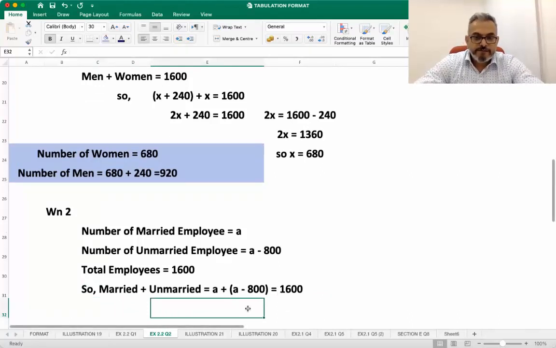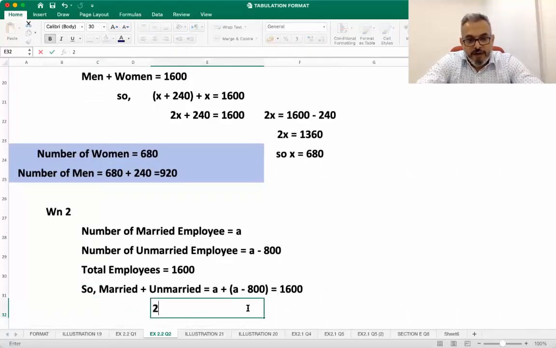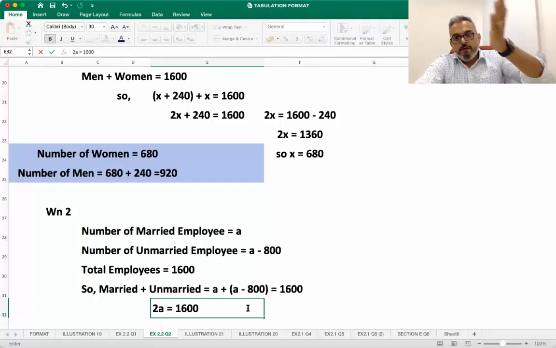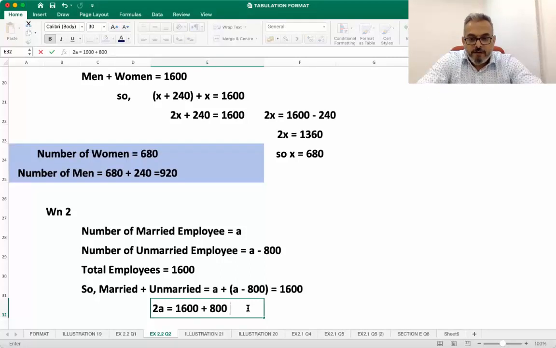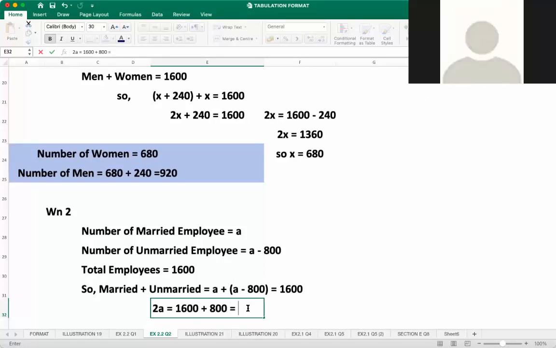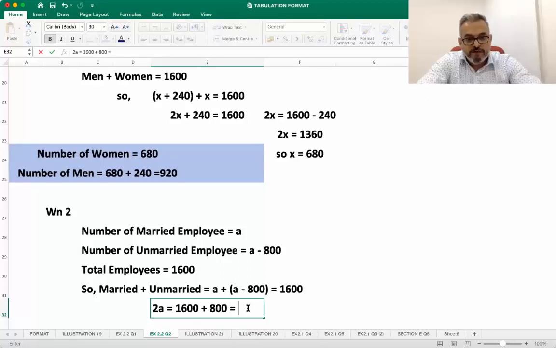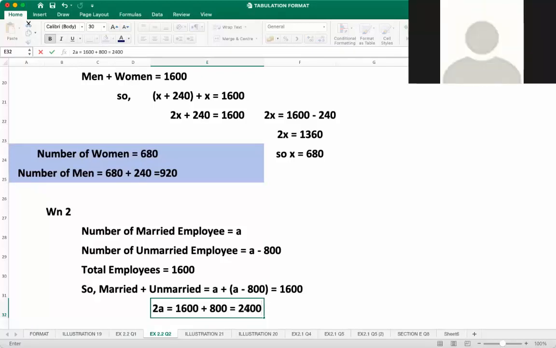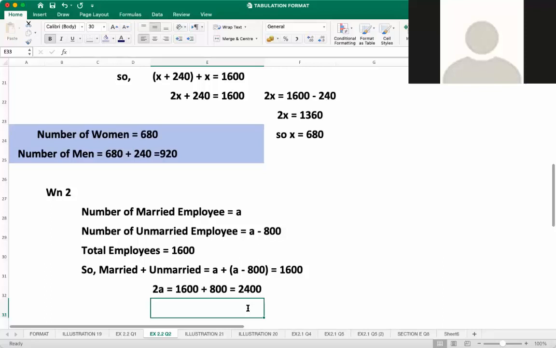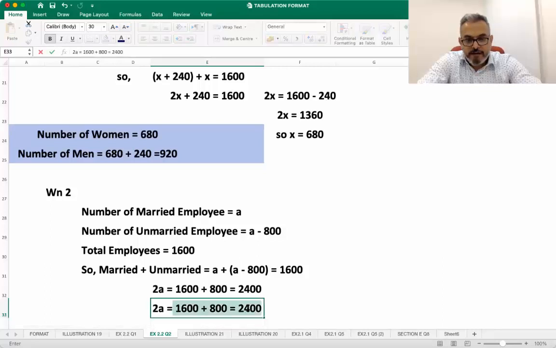Very simple. 2A is equal to 1600 plus 800, as 800 from LHS will go to RHS as plus. Which is equal to 2400. So 2A is equal to 2400.